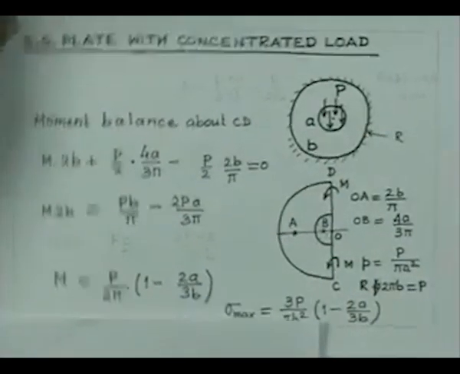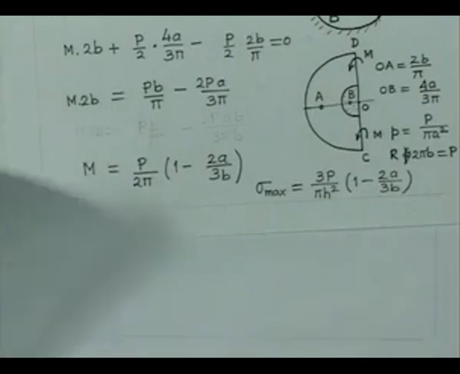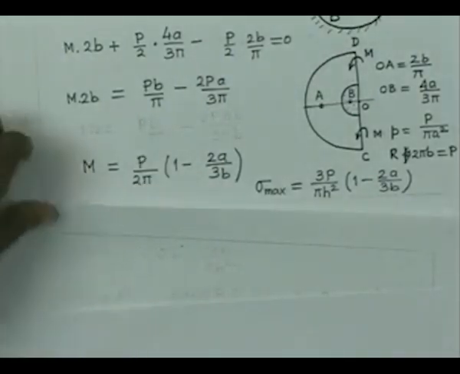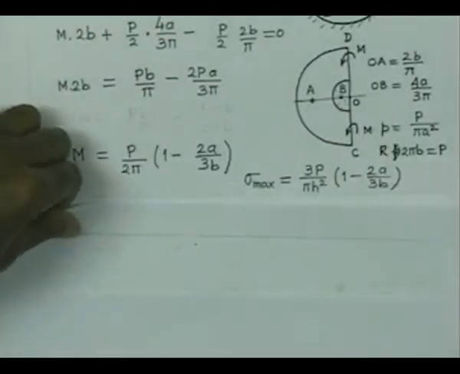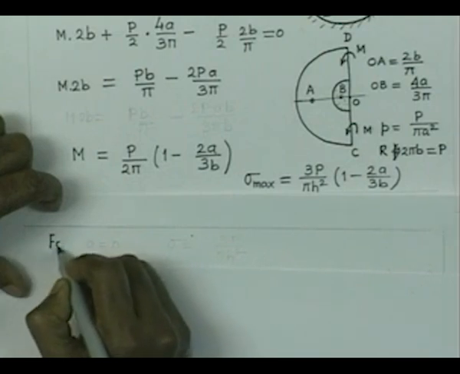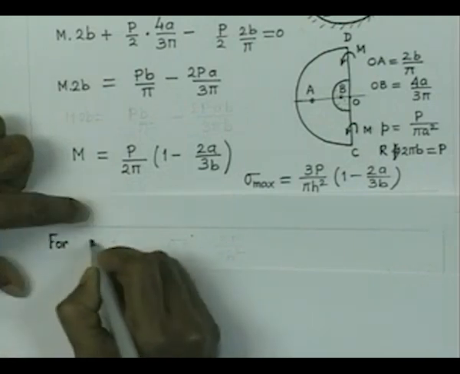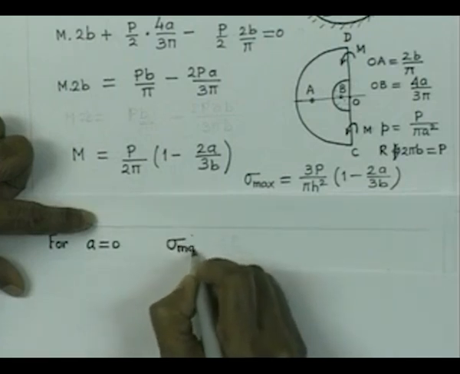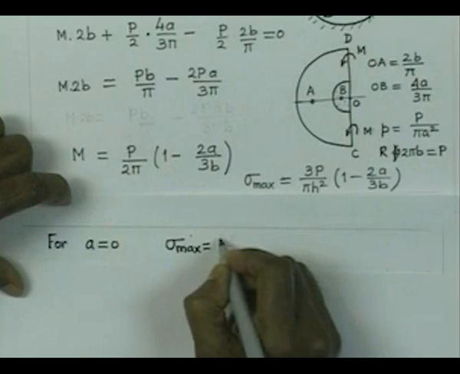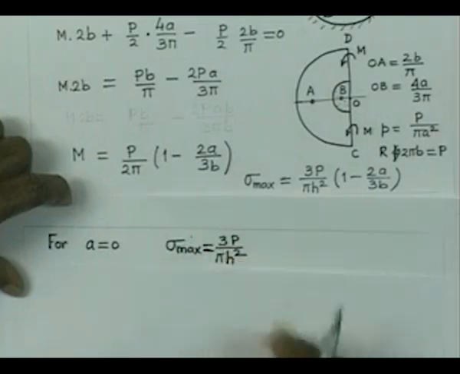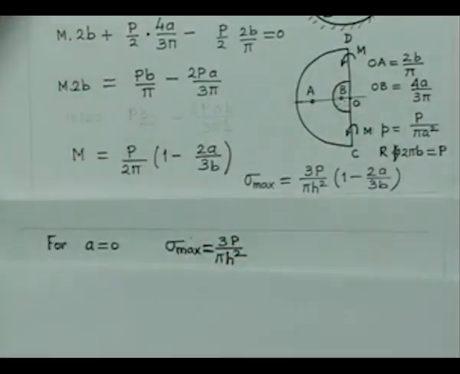So, therefore, if we just try to consider now A equal to 0, so if we now put A equal to 0, we will have sigma max is equal to 3P by pi h square. So, that is the maximum stress which is going to occur at the bottom fiber.